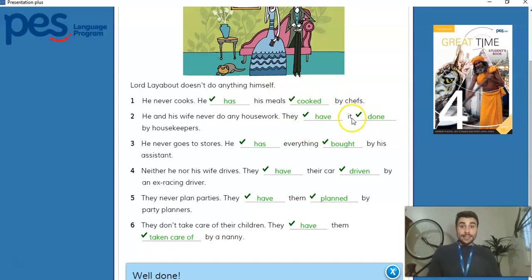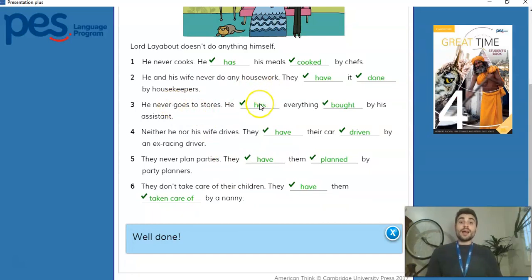Have, it is the object, referring to housework, and we have done, the past participle of the verb do. In 3, we have has, everything is the object, and bought, the past participle.